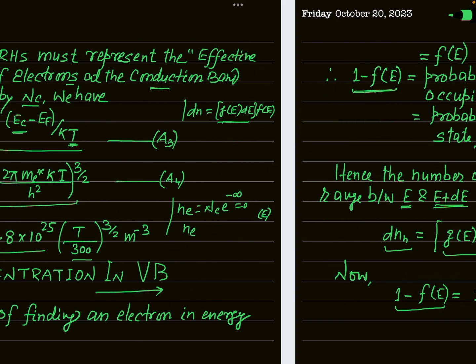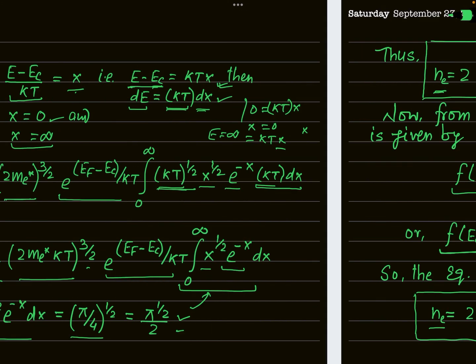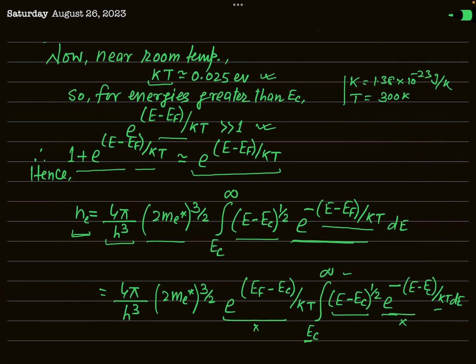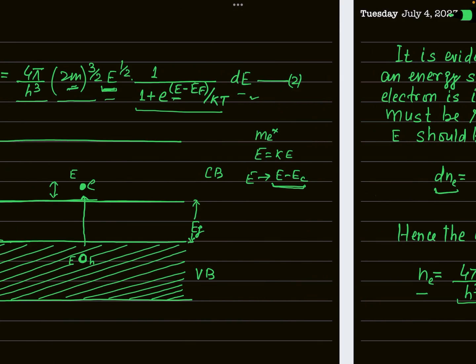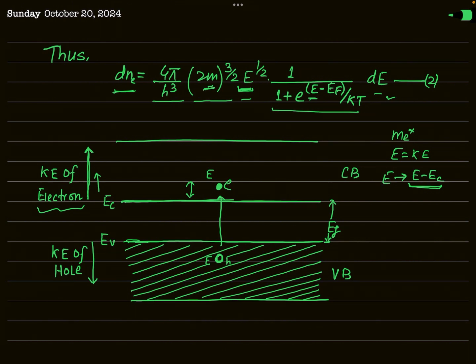Now, situation here is just opposite to the situation of calculation of concentration of electron. Why? Because you can see holes are lying in this valence band and electrons are lying in this conduction band. Okay? And the highest energy of a hole in valence band is equal to E_V. This is the uppermost level of the valence band.